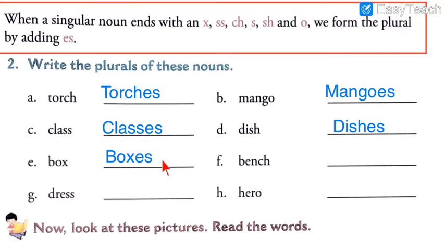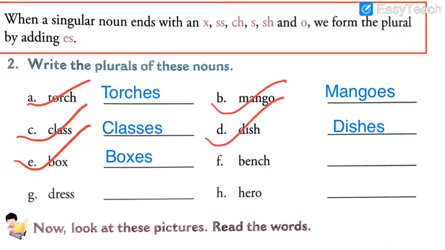Box, boxes. One more time we will repeat. Loudly please. Torch, torches. Mango, mangoes. Class, classes. Dish, dishes. Box, boxes. So we have solved answers 1, 2, 3, 4 and 5.